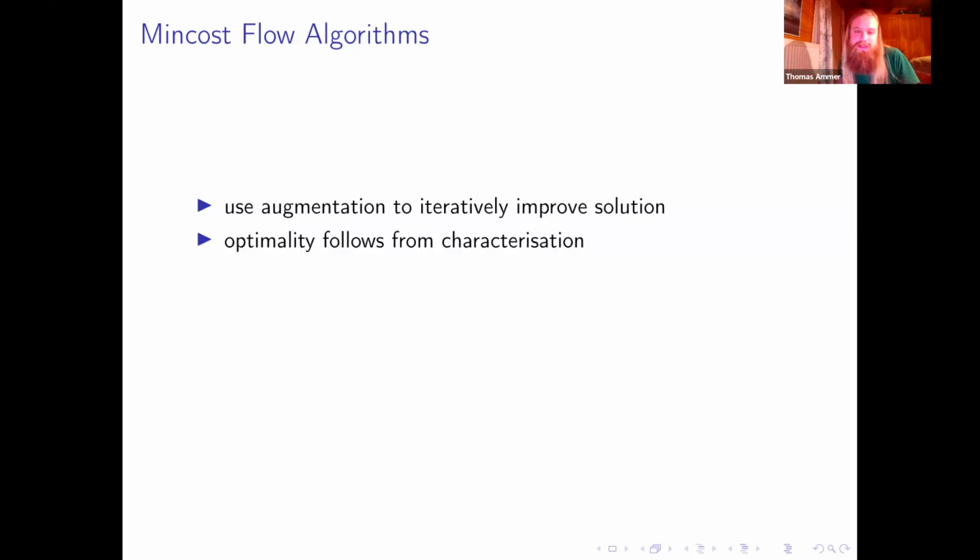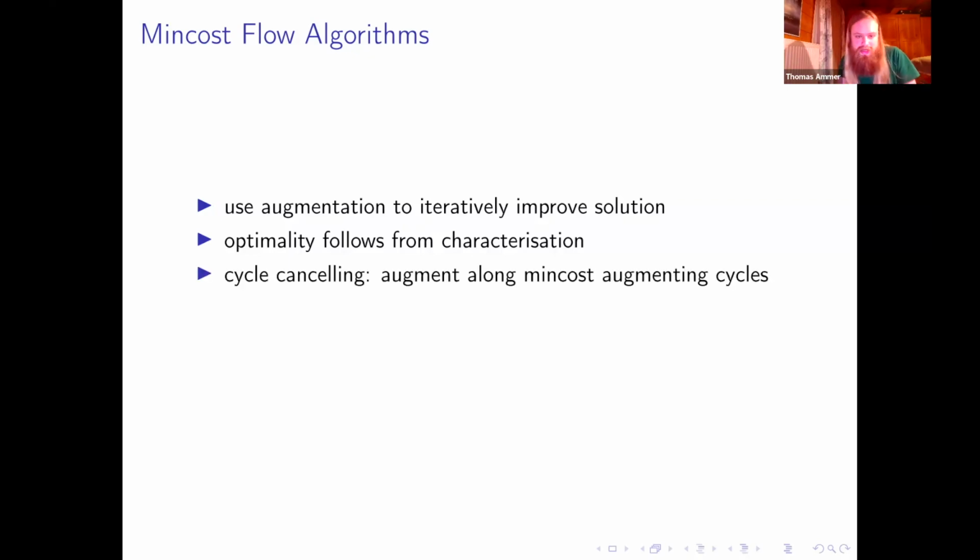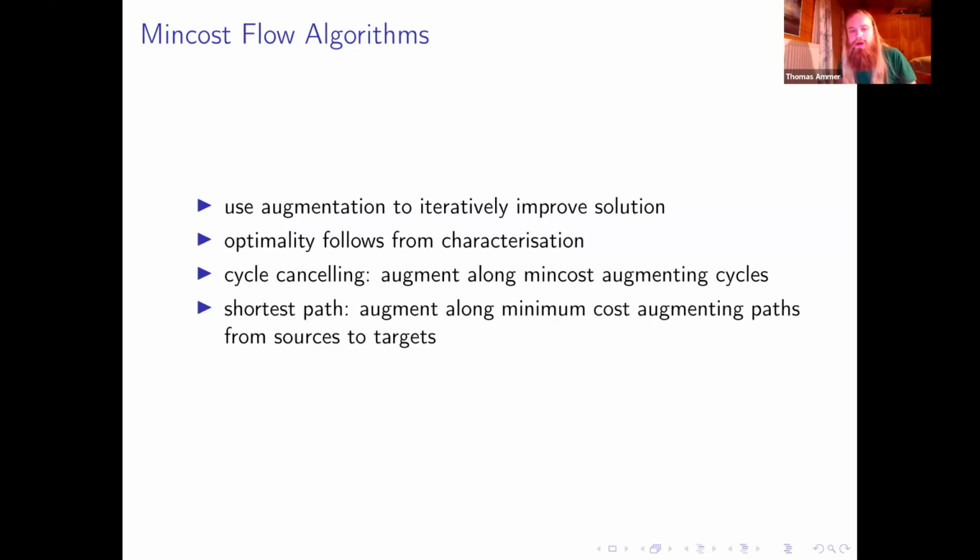And now there are two ways of using that. On the one hand, one could repeatedly use augmenting cycles, augment the flow along these until there are no such cycles remaining. By the characterization, this implies optimality. Or one could use shortest paths, which means we augment flow from sources to targets along minimum cost augmenting paths, along the cheapest possible opportunity.